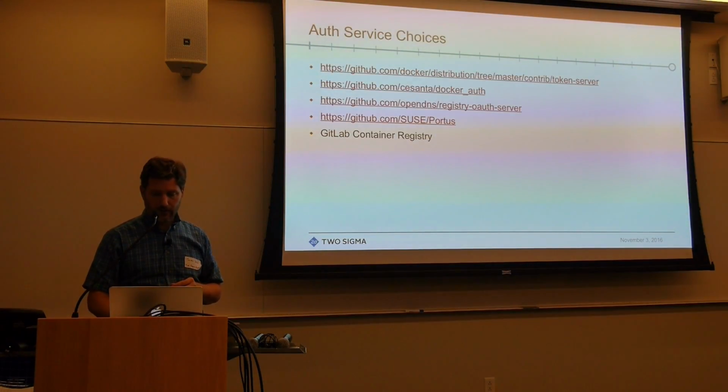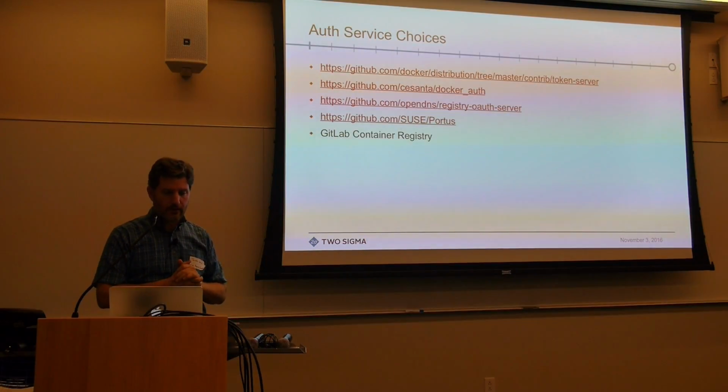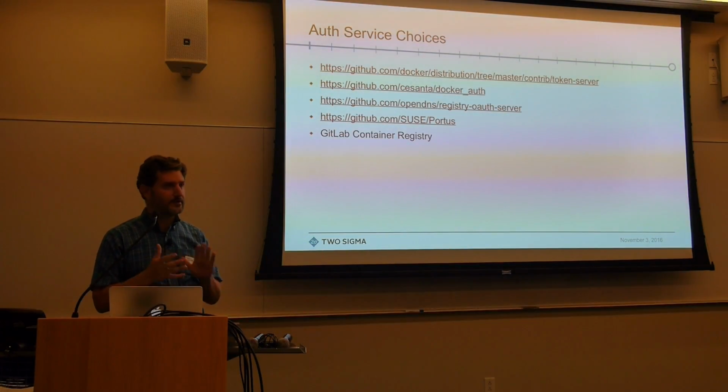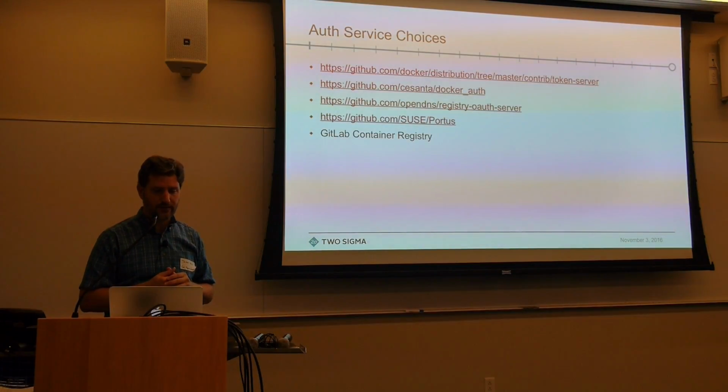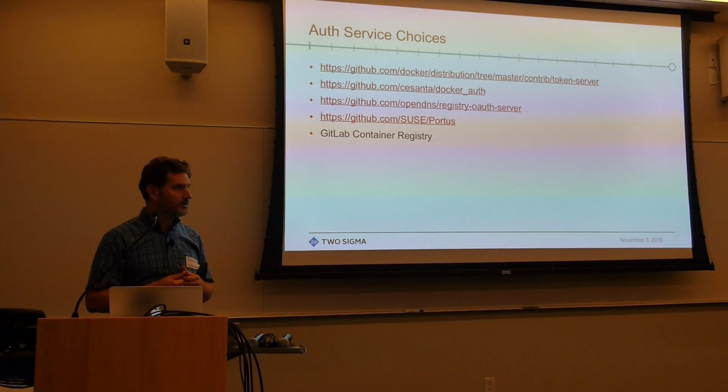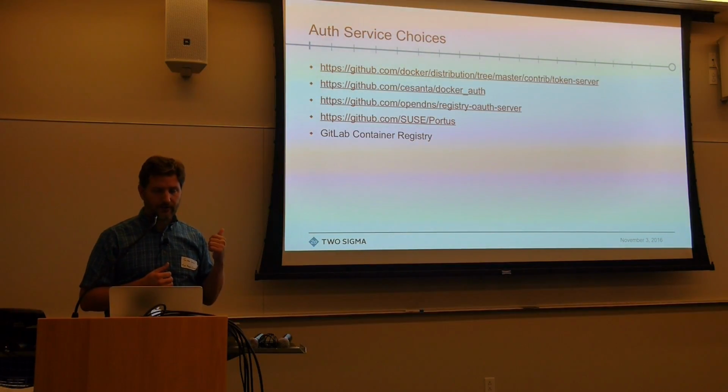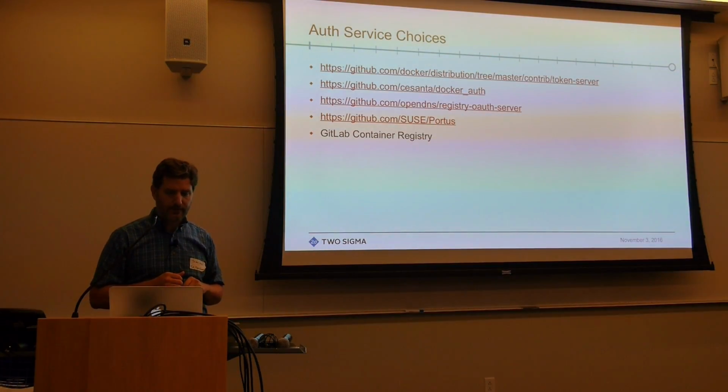So, that auth service, we're generally calling it auth service because it really does both authentication and authorization. There are actually some choices here of ones that exist. There's a very simple one that actually is in the Docker registry GitHub tree. That's the first one up there.